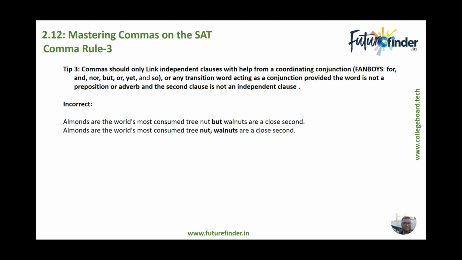Now we move to comma rule number 3. Comma should only link independent clauses with coordinating conjunctions to another independent clause. So the idea is very simple. We have already talked about this before. If we have got two independent clauses and if we put a coordinating conjunction, like your fanboy conjunctions, in the middle, the second part becomes the dependent part.